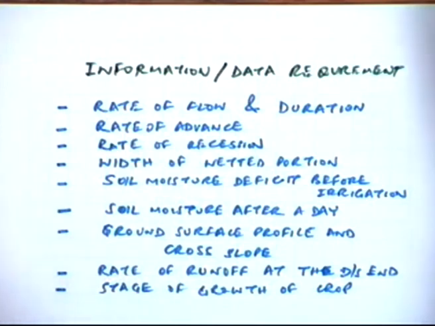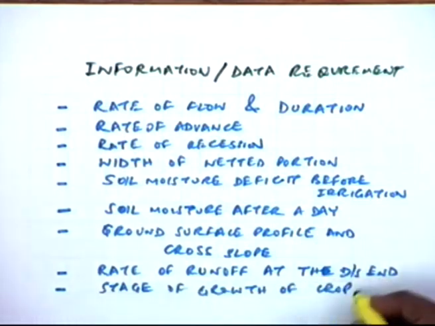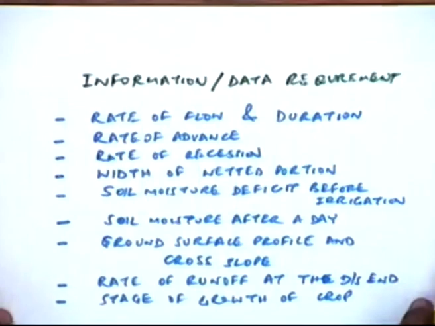But right now, why are we looking at the stage of the crop? Because we can find out the appropriate N value which should be used, how the water will move. The stage of crop as well as which crop is being used is going to decide the roughness coefficient prevailing at that particular time.